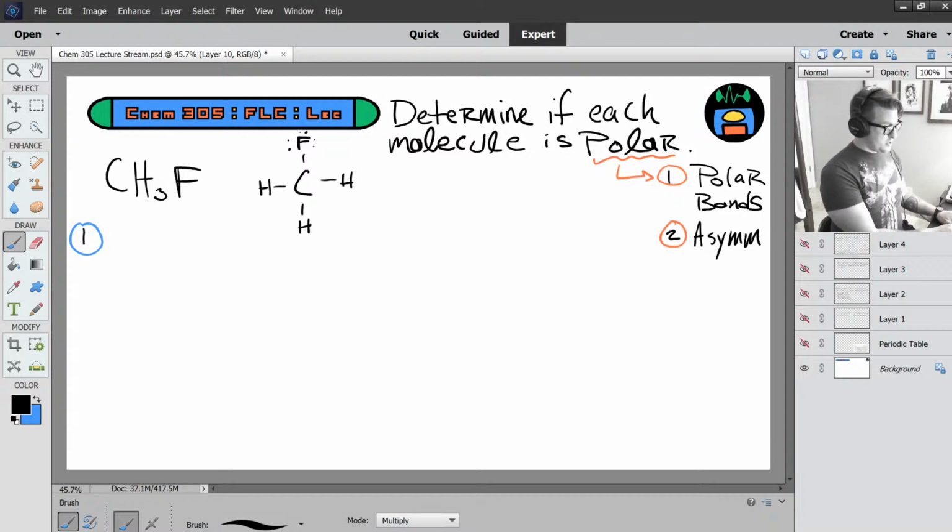So the number of electron groups, and this is from yesterday's lecture, so it's still fresh, is equal to the number of atoms attached to the central atom plus the number of lone pairs on the central atom.